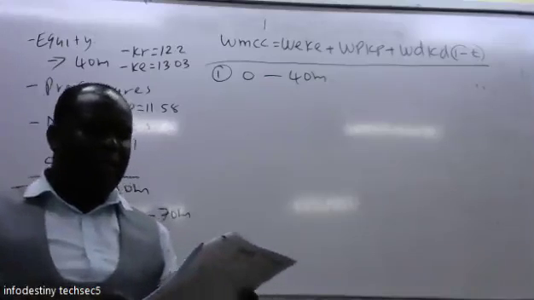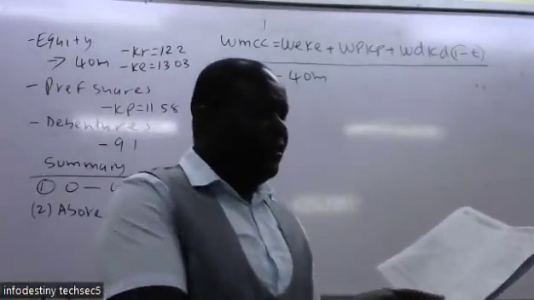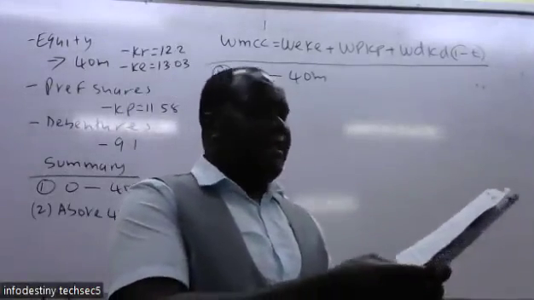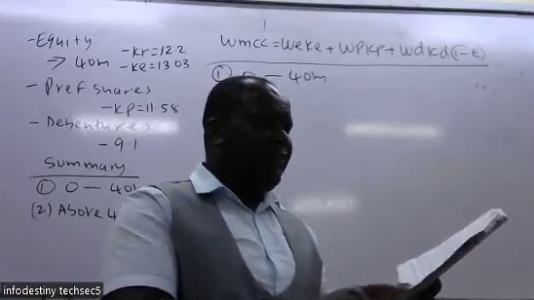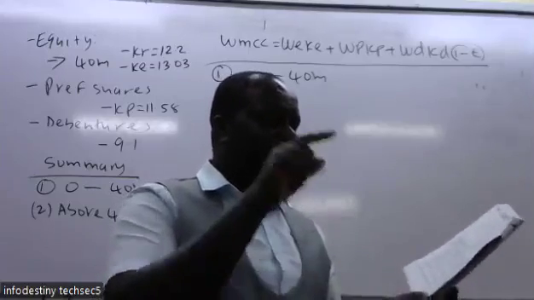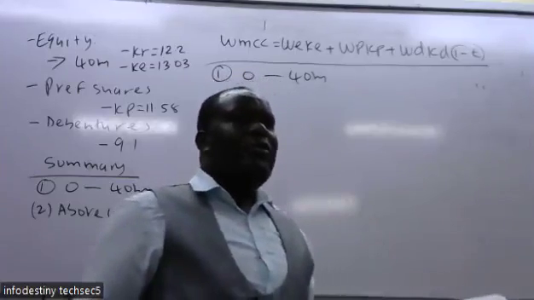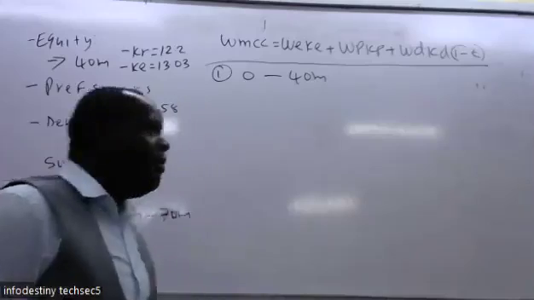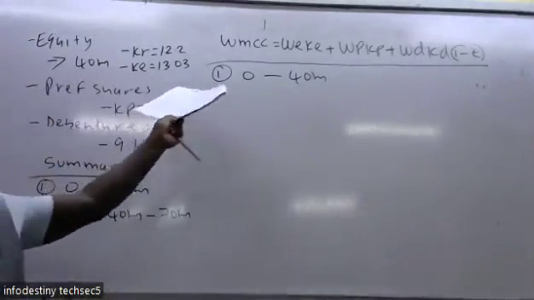And that information is given to you under equity: use all available retained earnings for the year ended 31st December 2020. Any extra equity capital will be through the issue of the new ordinary share. So once you exhaust the retained earnings, you go to the ordinary share.